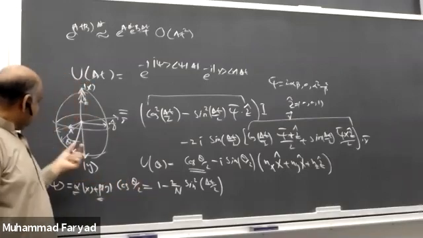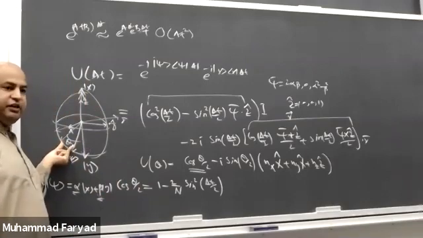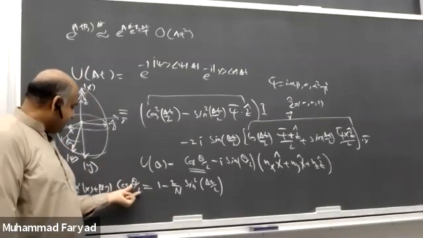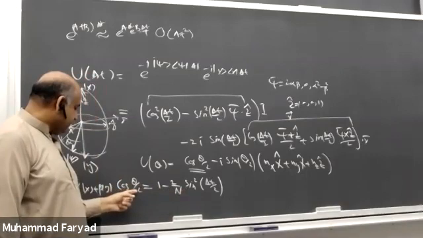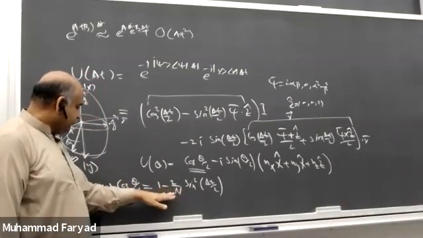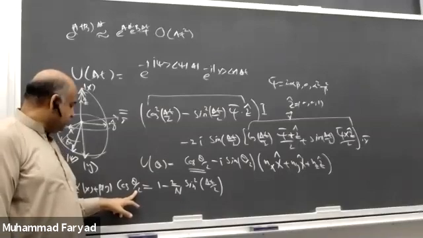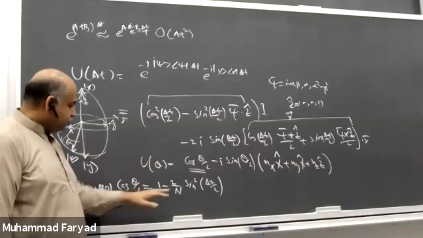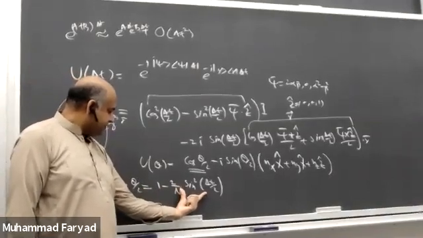Now, to decrease the value of r, I should maximize this theta. And we can see the maximum value of theta is going to be when cos theta by 2 is minimum, when it is 0, theta by 2 is pi by 2. So this is minimum when this is maximum.